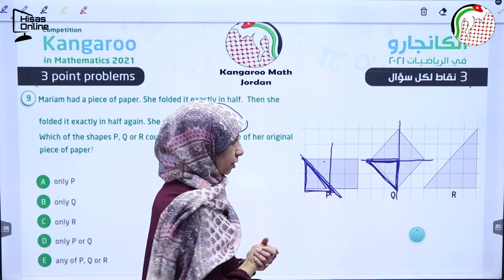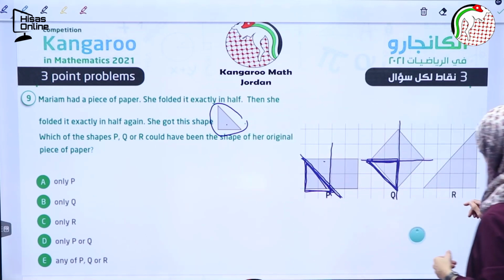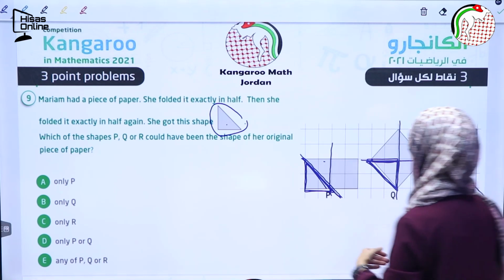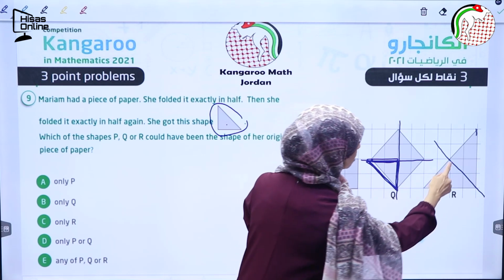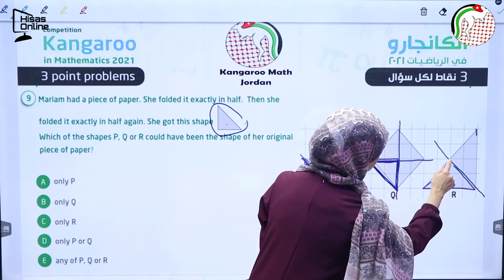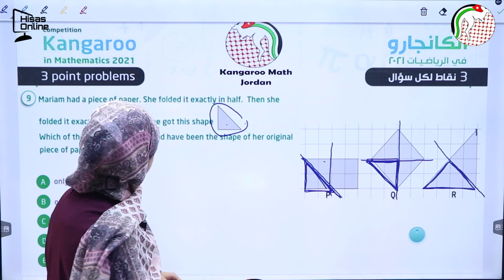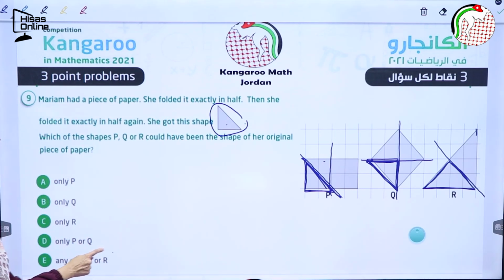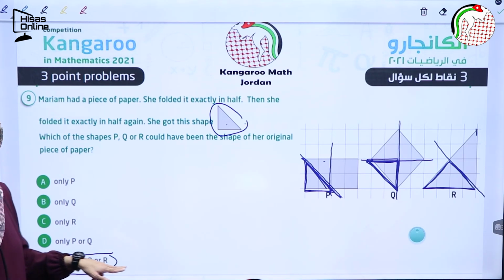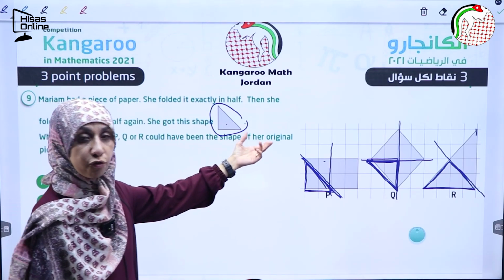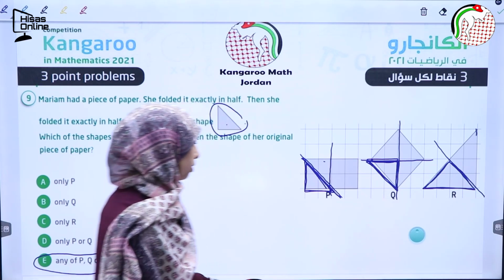Let's check the last one. The line of symmetry is here. So if she folds the shape around this line of symmetry, the shape also will be here. So again, the same triangle. That means E would be the right answer. Any of P, Q, or R could have been the shape of her original paper.